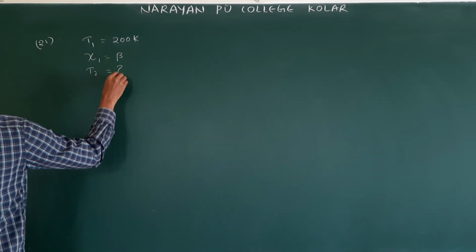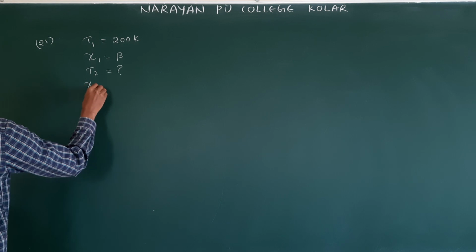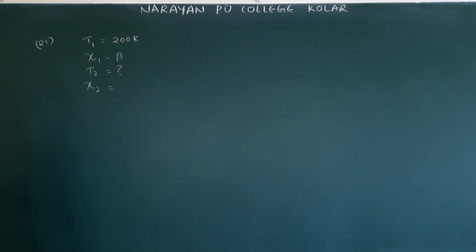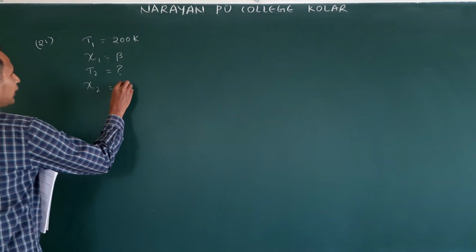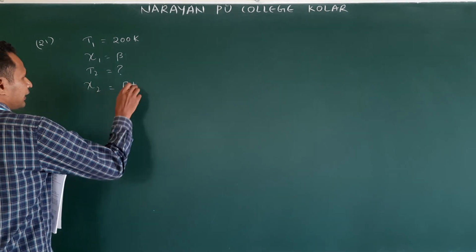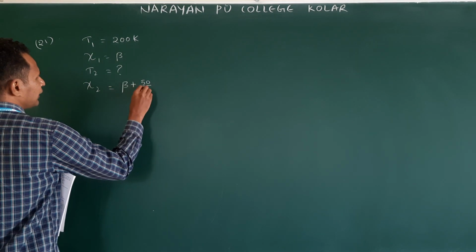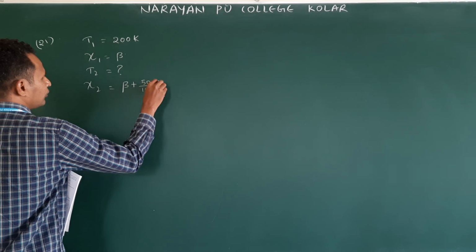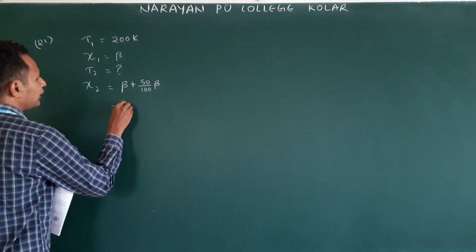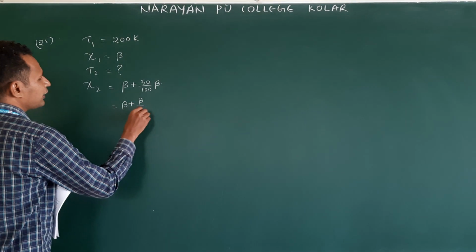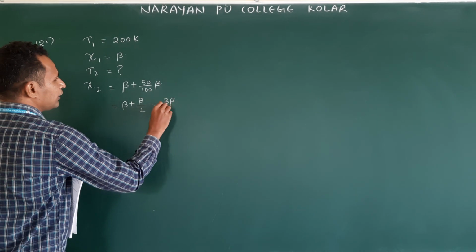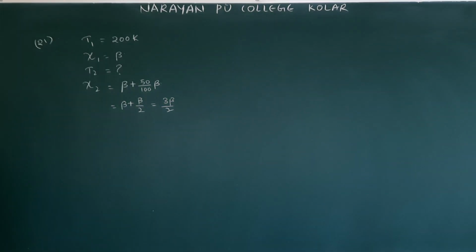Next temperature they are asking, where susceptibility is increased by 50%. So the initial value is beta plus 50 by 100 into beta. So this will be beta plus beta by 2, which is 3 beta by 2. Am I correct or not?